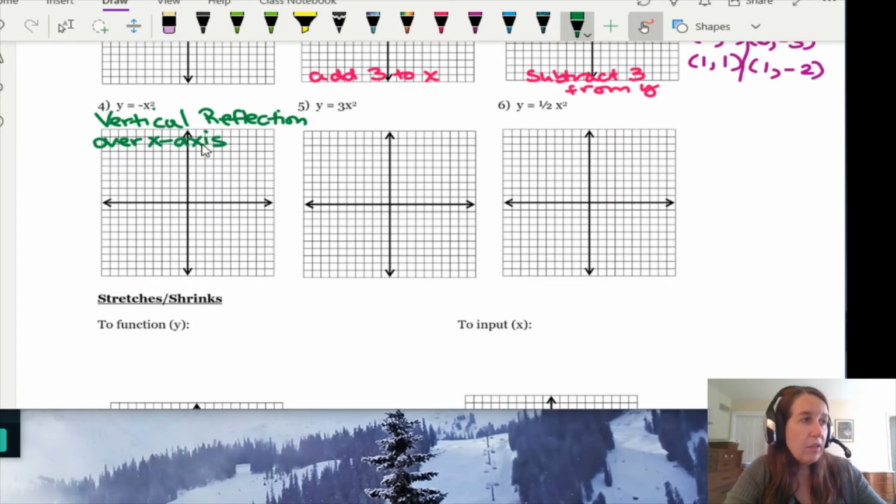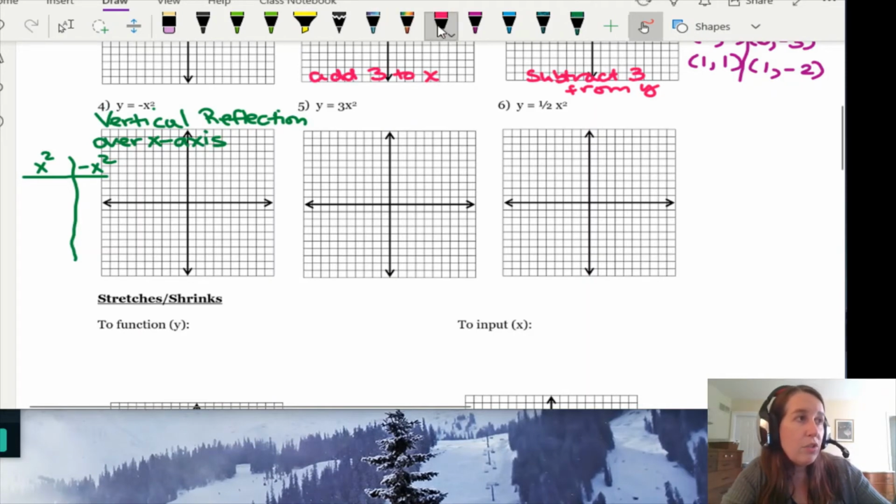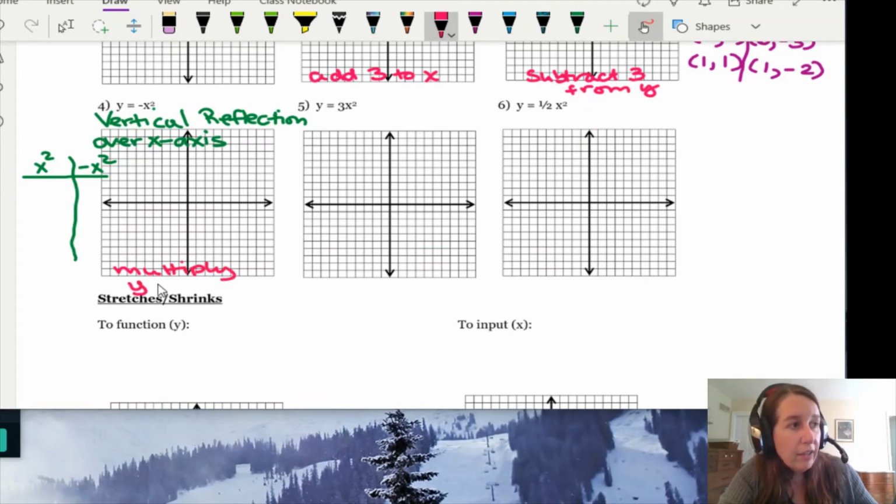Okay, so I think I can fit my little chart over here this time. Our original was x squared, our new is negative x squared. And what we're going to be doing to the points is multiply the y value by negative 1.